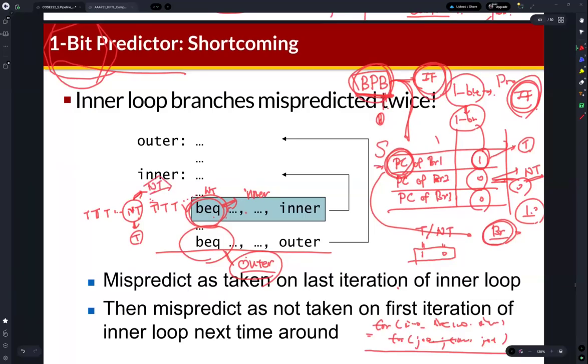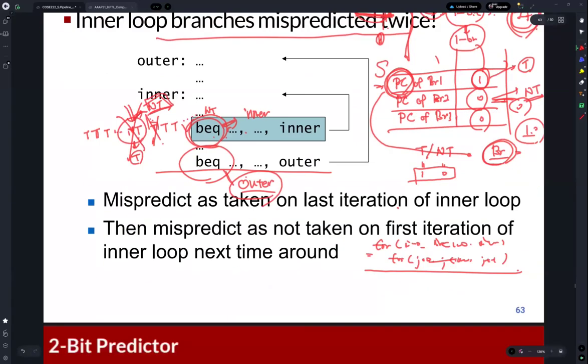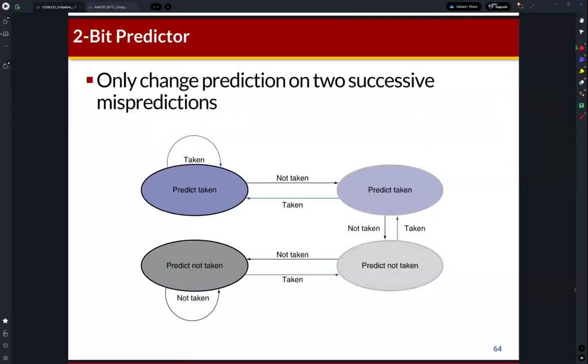We just detect that the previous result of the branch instruction was not taken, so we predict the next result is also not taken, which is missed here, and then it's also missed here, right? So the inner loop branch is mispredicted twice. Okay, and we can handle this issue using the 2-bit predictor.